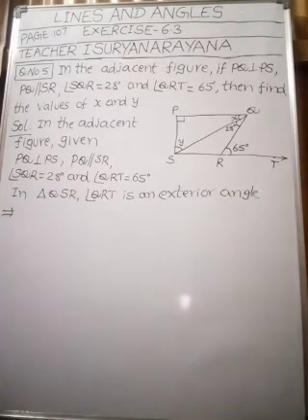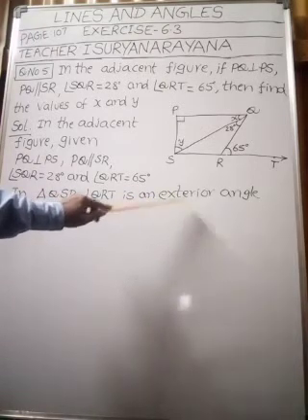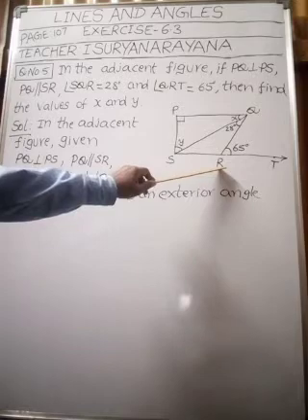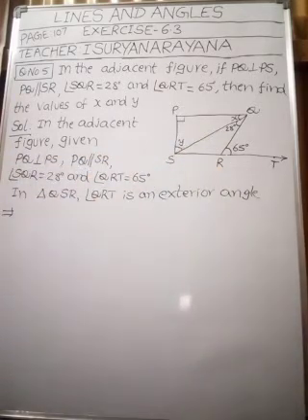So, what is the property related to exterior angle of a triangle? Exterior angle is equal to the sum of its two opposite interior angles.